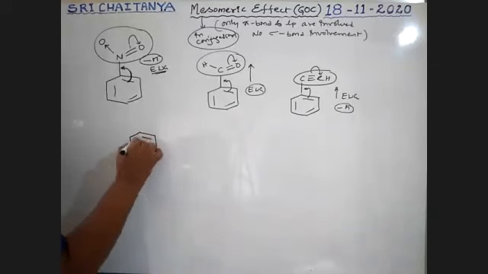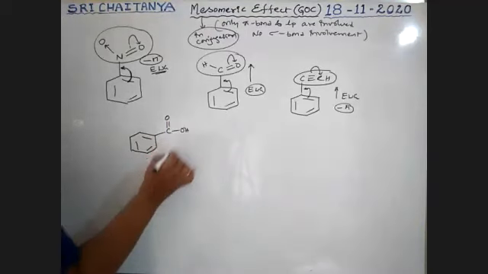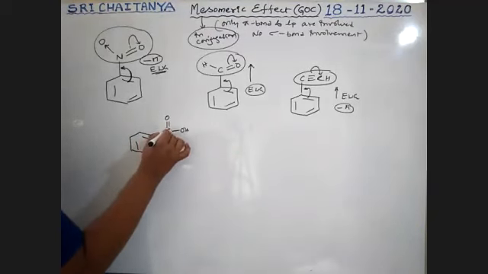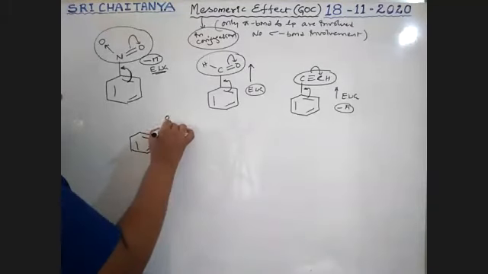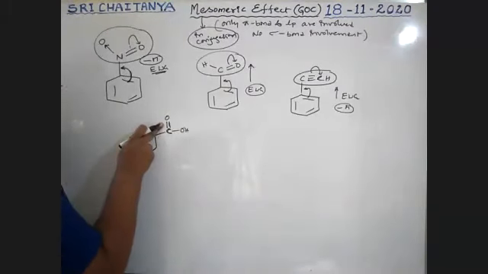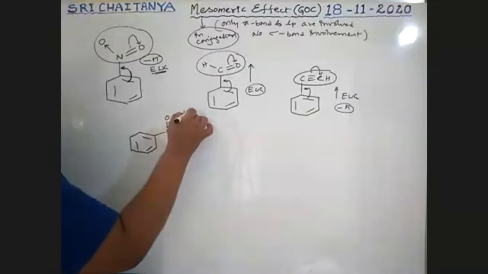Next, let us observe the concept. C double bond OH, that is an acid. So the directly attached atom must contain a pi bond which is bonded with a highly electronegative element.